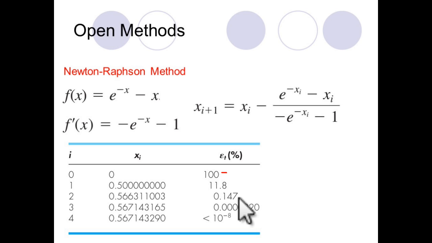In the third one it is 0.147, and it goes down, and in the fourth iteration it is much smaller than 10 to the power minus 8. So basically the Newton-Raphson method converges very fast compared to the previous techniques that we have seen, which we use for root finding.